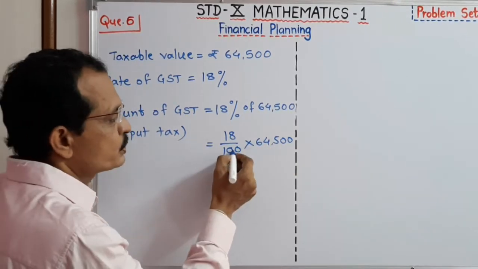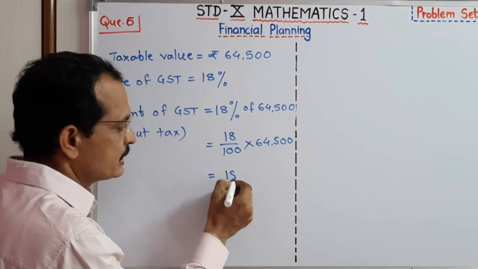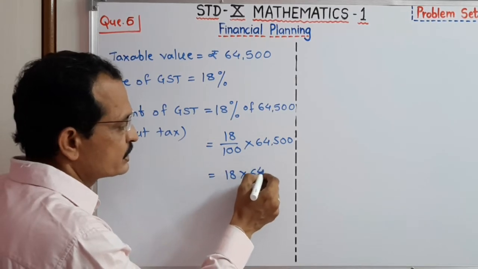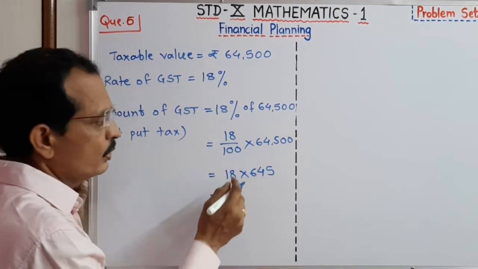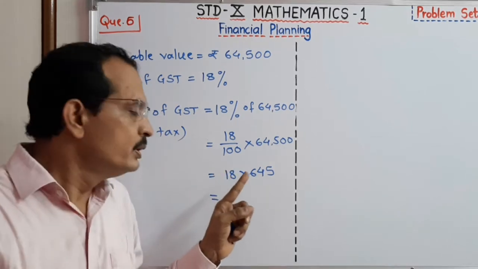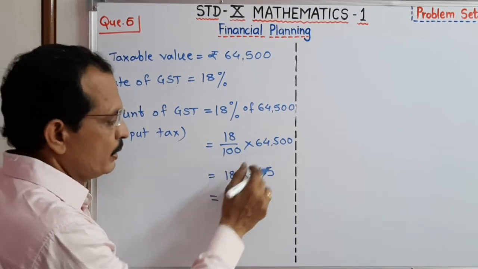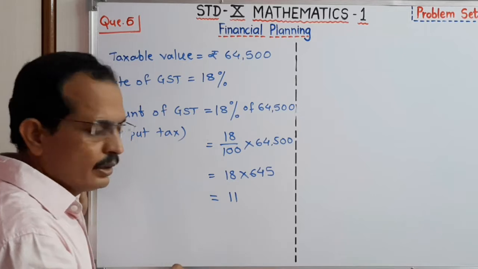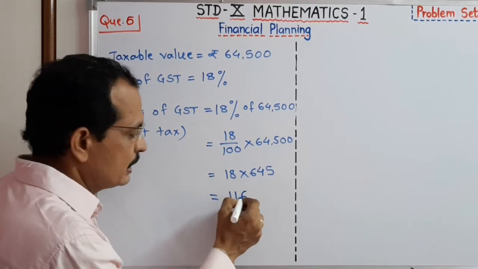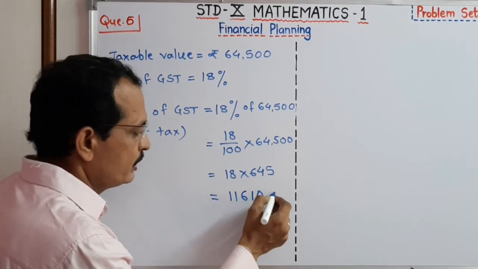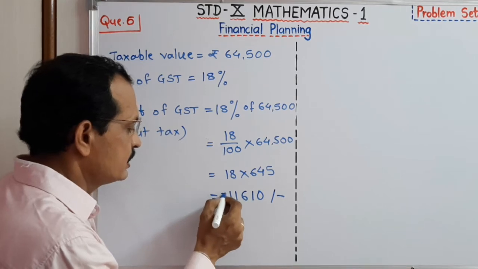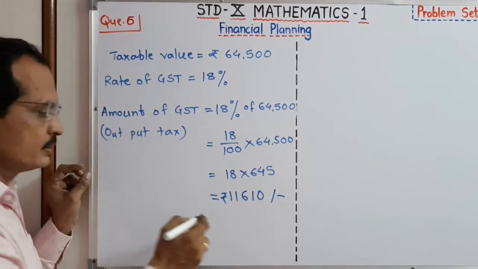Now see here, the zeros get cancelled, it is 18 into 645. Now see dear student, we have to multiply this, it is 11,610 rupees. This is the output tax.